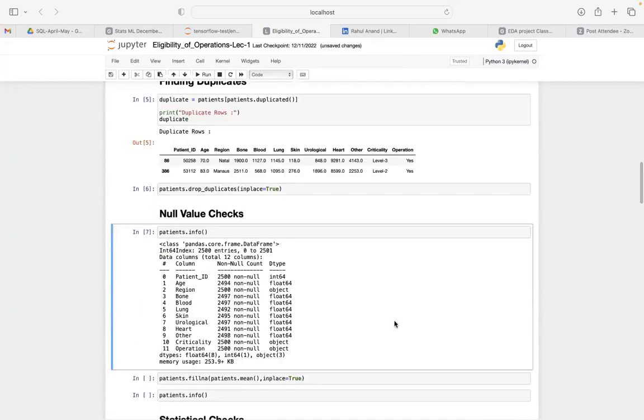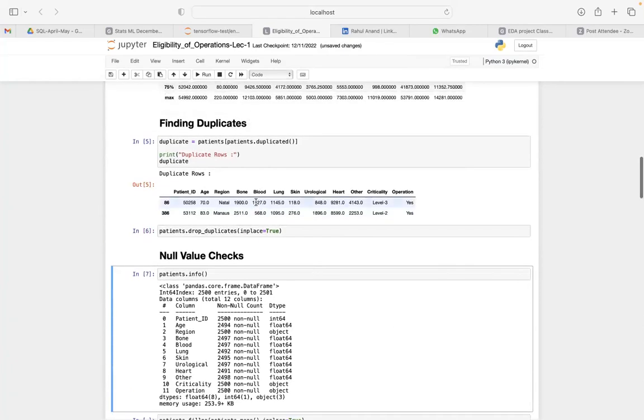Now, one question: how many duplicate rows are there? It is showing that we have duplicate data, but how many rows? 2 rows you can see here, right? The number 86 and the number 386. You can take a sum of it as well, but there are 2 rows which are duplicates. So I've just removed these 2. Duplicate row count is 2 for each row? No. These 2 rows are entirely duplicate in the data.